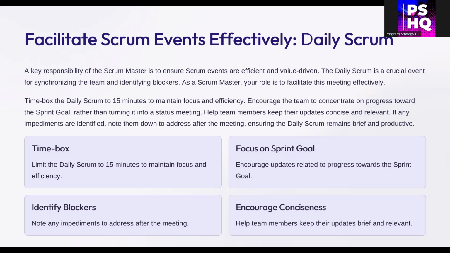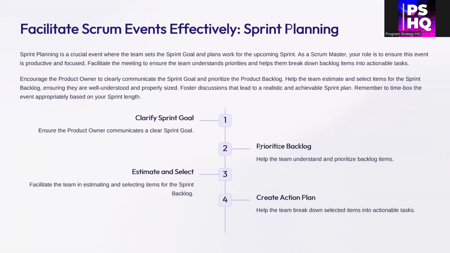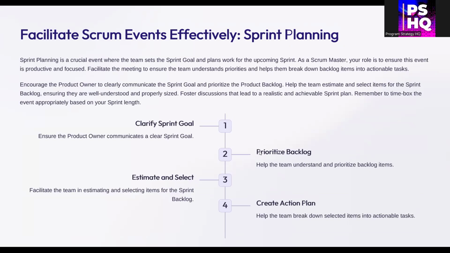With daily alignment in the bag, let's move on to the sprint planning session. Sprint planning is where the magic starts. This is your team's chance to set a clear goal and create an action plan to achieve it. Your role, facilitate, not dictate.